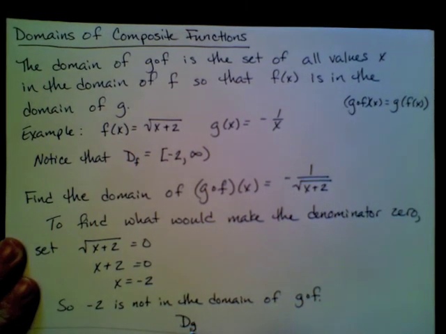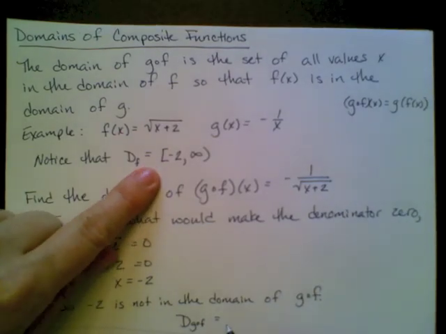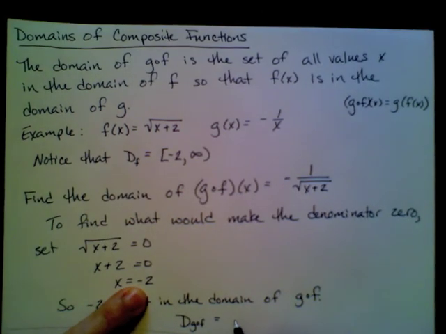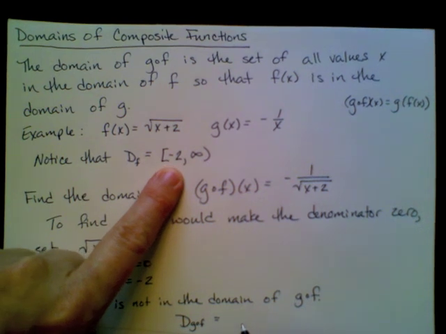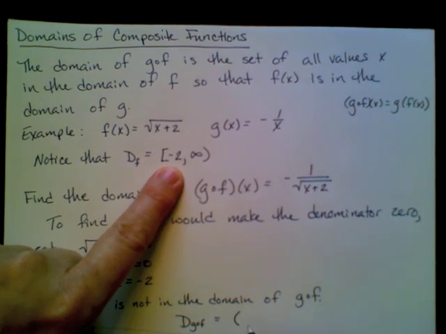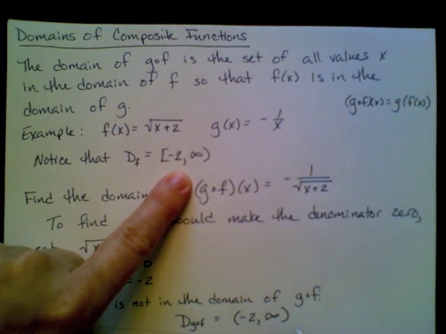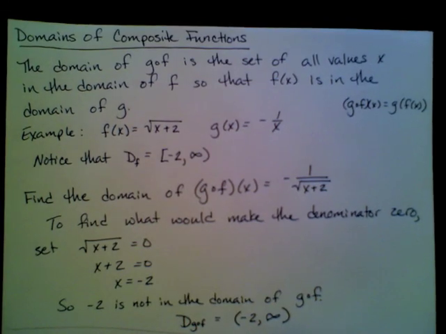So the domain of g composed with f is almost exactly the same as the domain of f, but I have to throw away -2. Fortunately, -2 is an endpoint, so that makes it easy. I just go from a closed bracket where I included it to an open bracket where I do not include it. And there is my domain.